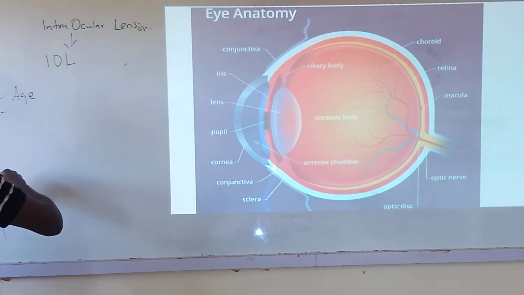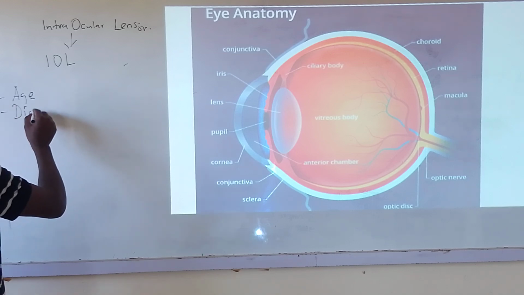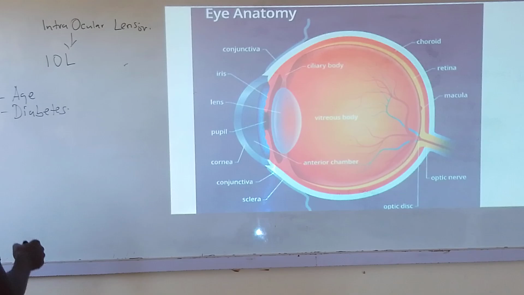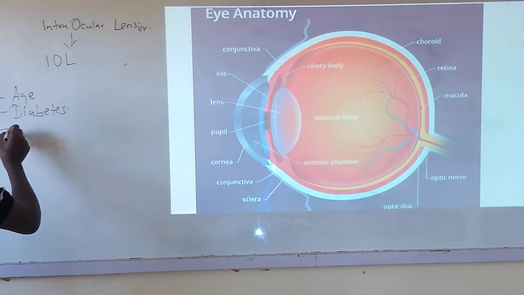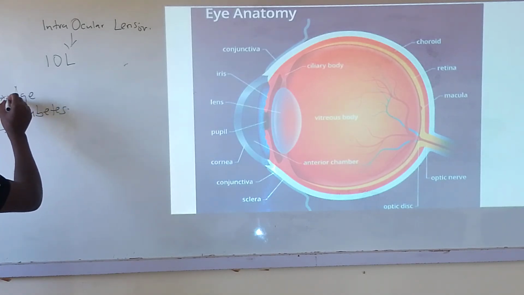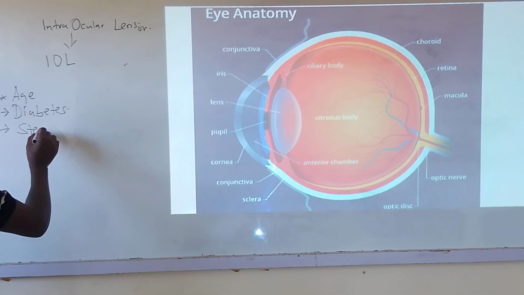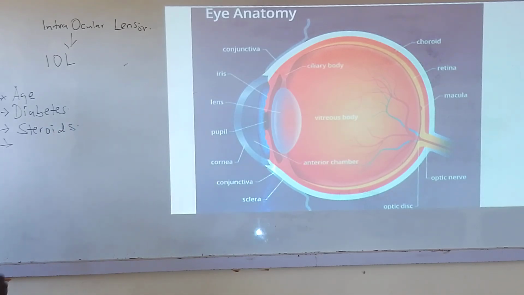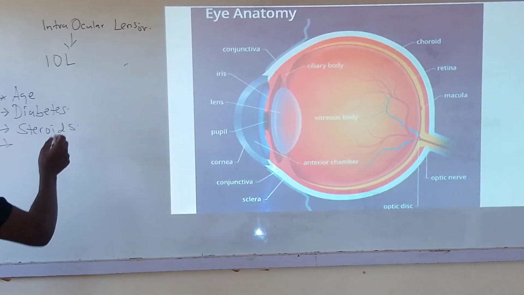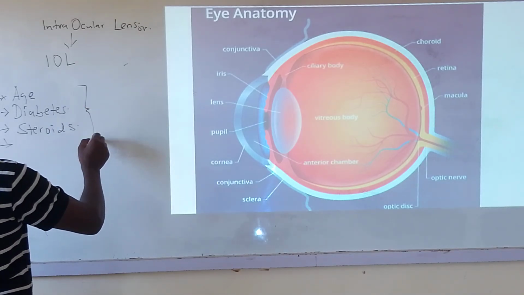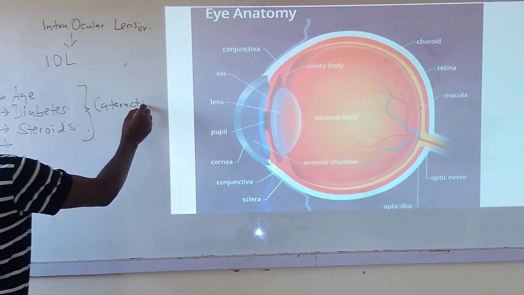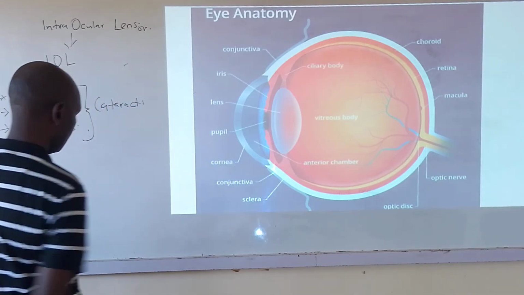That is number one. Diabetes can also cause cataract. Another thing is something to do with steroids. So there are a number of issues that can cause cataract. So cataract is opacification of this lens.